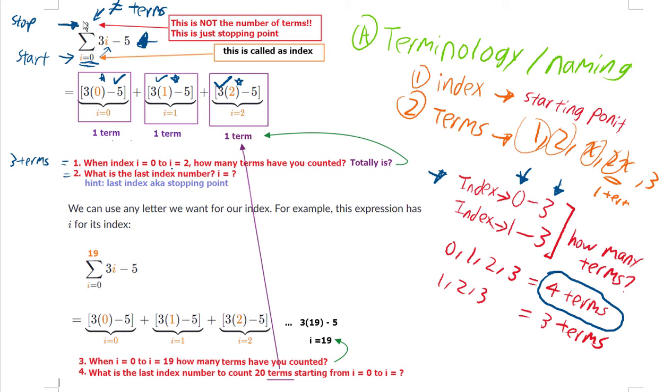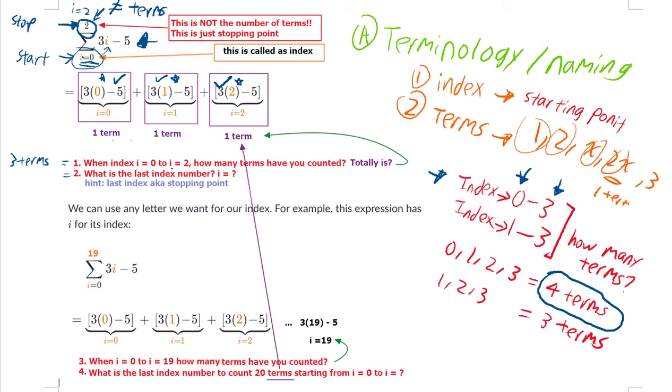For the second question, what is the last index number? I is equal to what? Just now we discussed this formula: I is equal to 0 at the start, and the last number is I equal to 2.